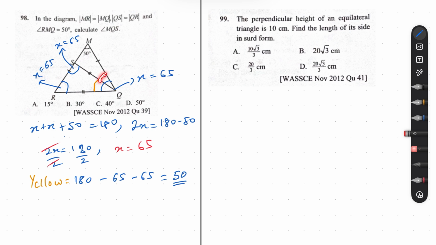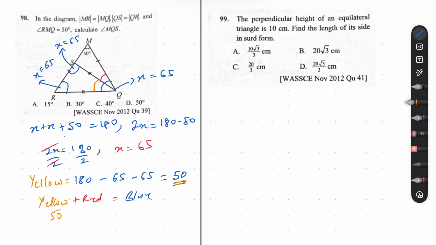Now we are trying to find this red angle. Okay, so now when we add this red angle and this yellow, we should get the blue, which is 65. So yellow plus red should give us blue. When we solve that, we know the yellow to be 50, as we solved right here.